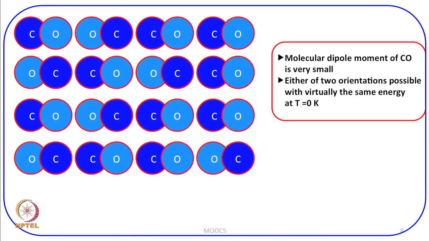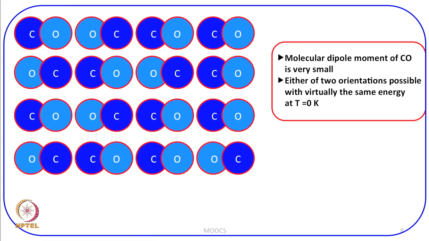So you can have the same energy of the crystal when this molecule is arranged in two orientations, either CO or OC. So one molecule can be arranged in two orientations to get the same energy of the crystal at absolute 0.